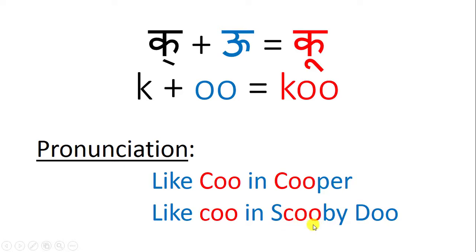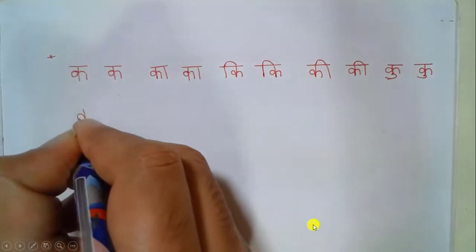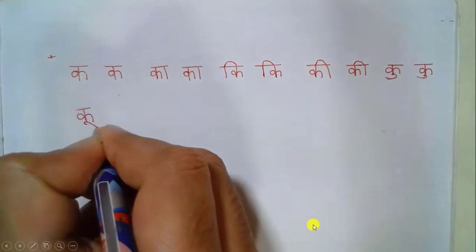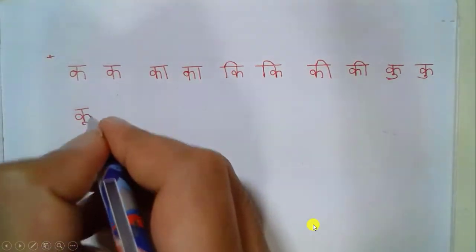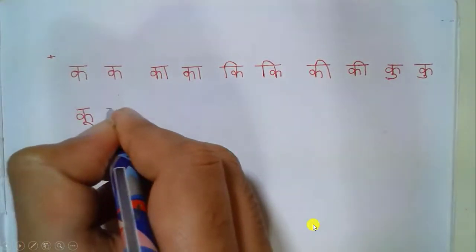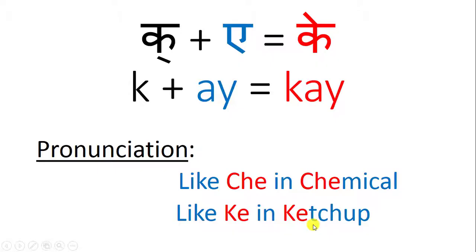Coo. All right. And the way you write it is like this. Okay, that is ku.